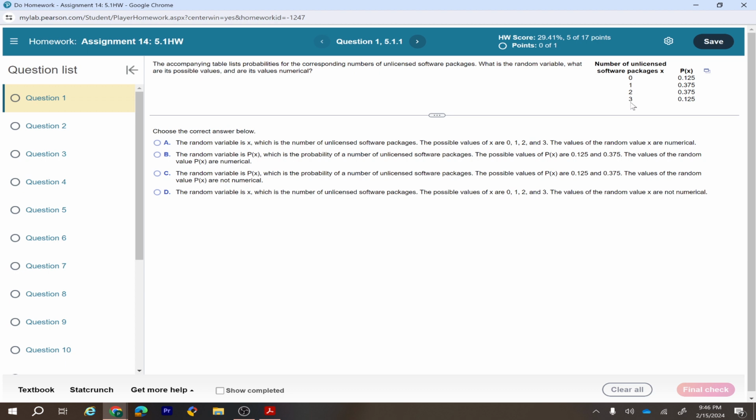The possible values of X are 0, 1, 2, and 3. The values of the random variable X are numerical. So this is the right one. The random variable is X, which is the number of unlicensed software packages, and the possible values of X are these.